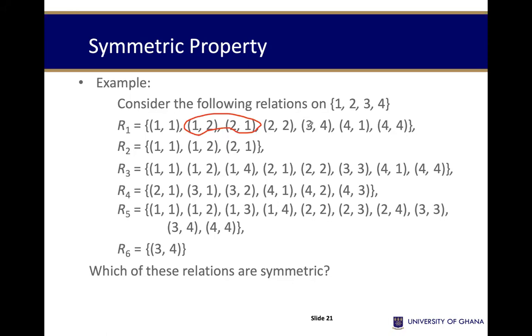Then when I see 3 is related to 4, I should see 4 is related to 3. I'm not seeing that. Hence, this cannot be symmetric. Can you see? This is all wrong, not symmetric. Now, when I come here, 1 is related to 2. Of course, 2 should be related to 1. So this is okay. So this can be symmetric.